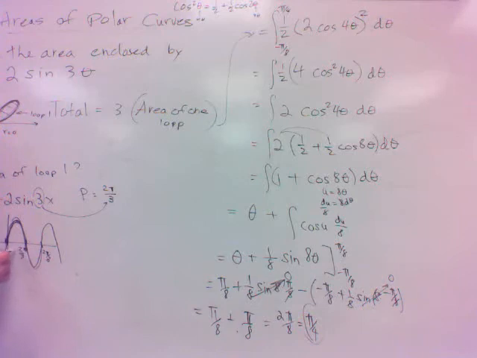Half of 2 pi over 3? Pi over 3. So I'm going from 0 to pi over 3. Make sense? See how I got that? I figured out the period is 2 pi over 3, so that's this. So this would be half of the 2 pi over 3, wouldn't it?